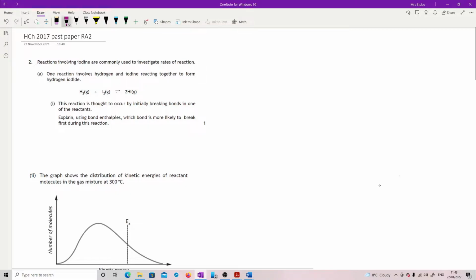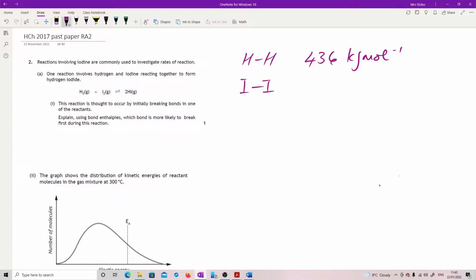Okay, so you go to your data book and you find that the hydrogen to hydrogen bond enthalpy is 436 kilojoules per mole. That's how much you need to break 1 mole of those. The iodine to iodine bond enthalpy is 151 kilojoules per mole.